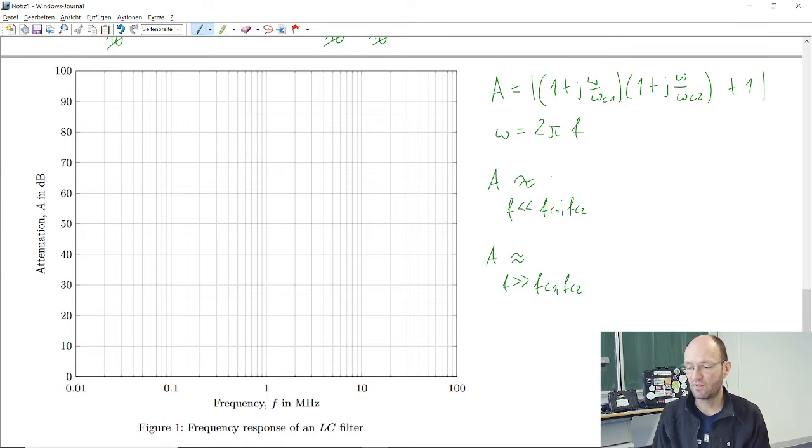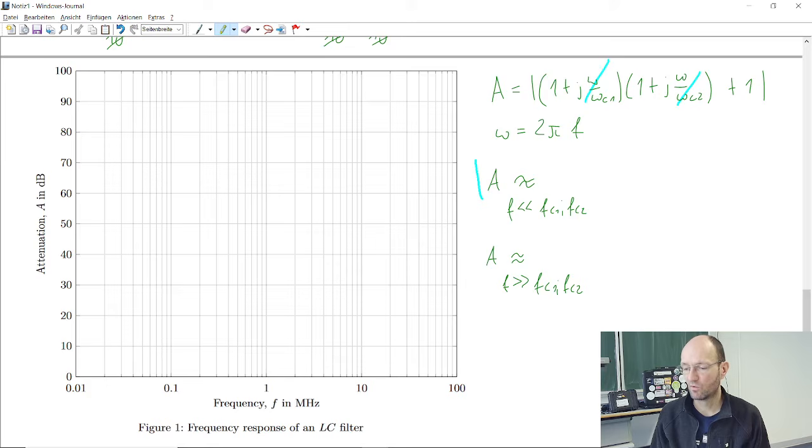So if we do the first thing, if we look at this A, if this angular frequency is much smaller than this corner angular frequency, and this one is much smaller than the other corner angular frequency, what happens? In this case, we can neglect this term because this will be small in comparison with the 1.